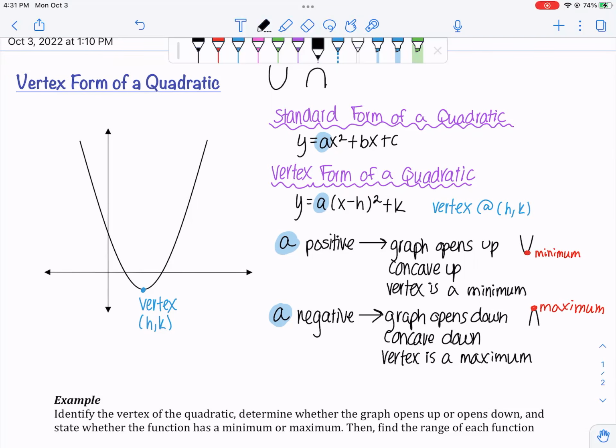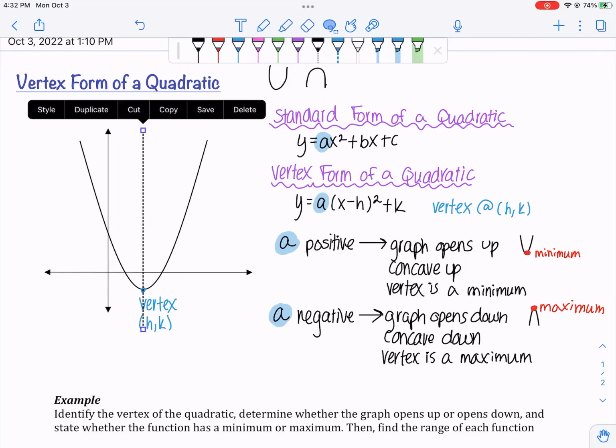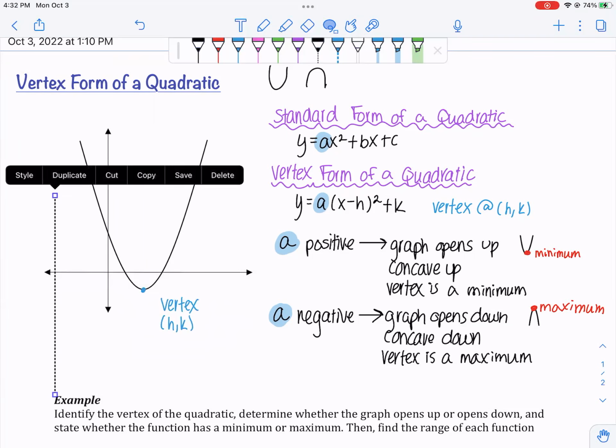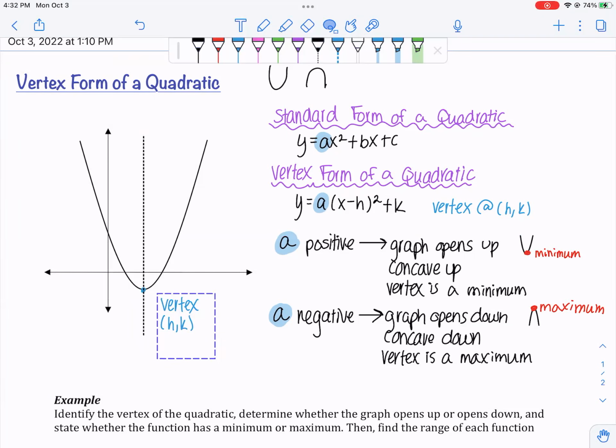First of all, if we draw a line directly up the center of this graph, this line up and down we call the axis of symmetry.